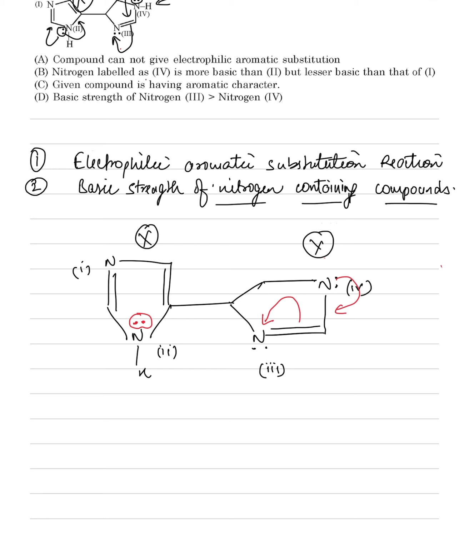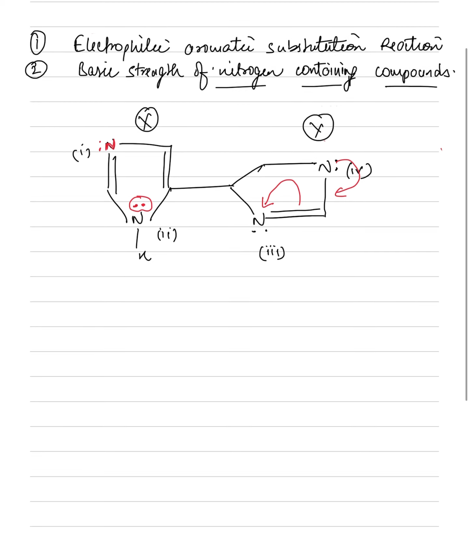Now it is saying but lesser basic than first one. Now the first one is what? If you look at the first one, it is the double bonded nitrogen. Always remember that whenever the nitrogen atom is double bonded like this and it contains a lone pair, this lone pair of nitrogen is always a localized lone pair.